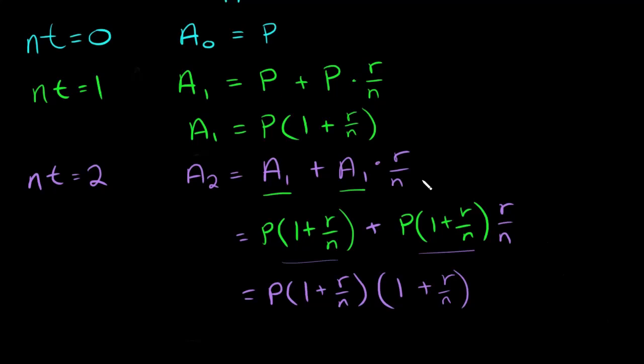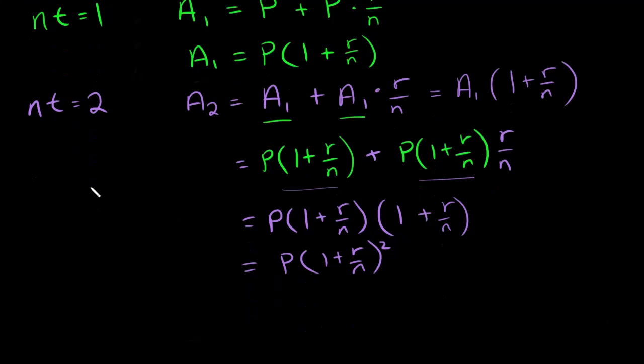Maybe it would have made more sense had I pulled out the A1 first and then plugged in for A1. Either way, you see I get to this point. Then I notice that these two are the same terms. This is repeated twice and multiplied, so that's the same thing as it being squared.